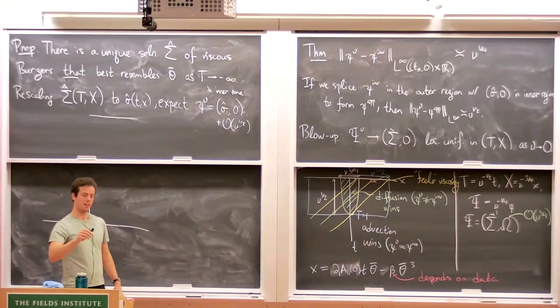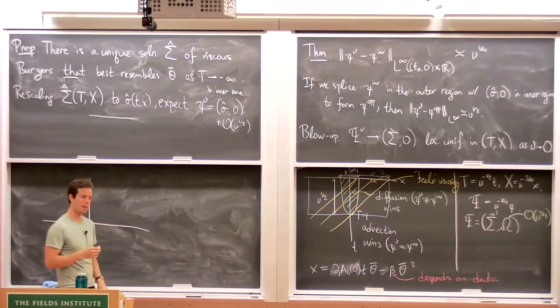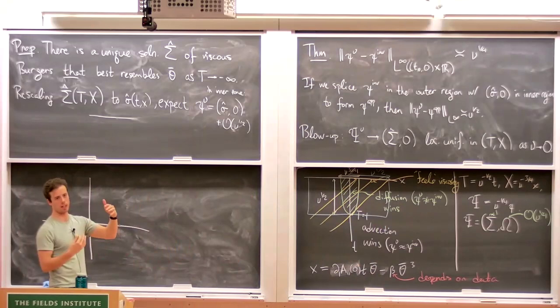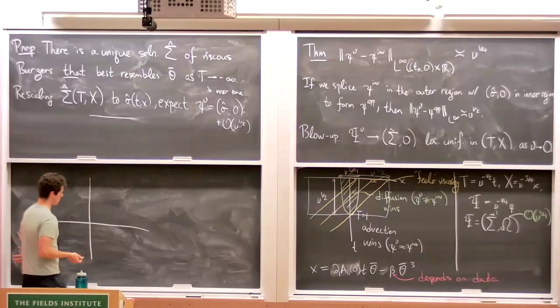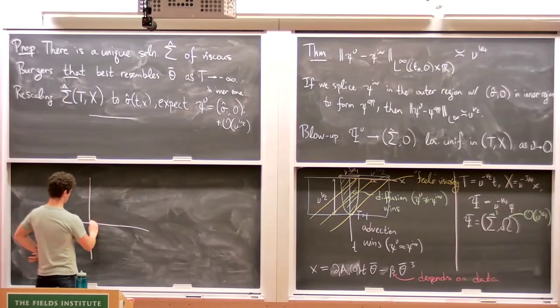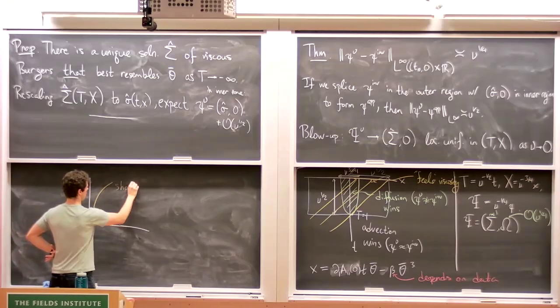That cubic, if I push it forward to any positive time, is going to form a small but real discontinuity. And that discontinuity is going to grow in time until it's order 1. And this discontinuity, the shock, is going to emanate from the origin in space-time, and it's going to move at some non-linearly determined speed given by the Rankine-Hugoniot conditions. So somewhere there's going to be a shock curve.